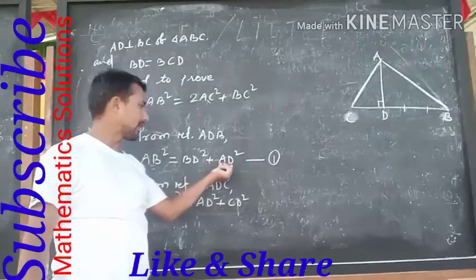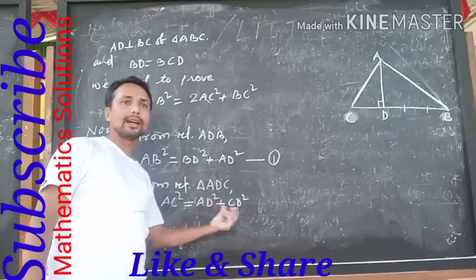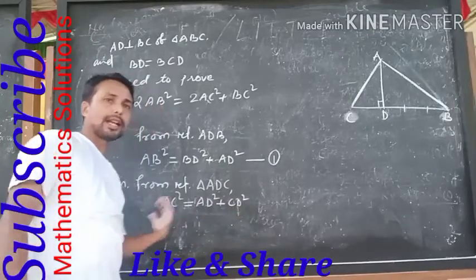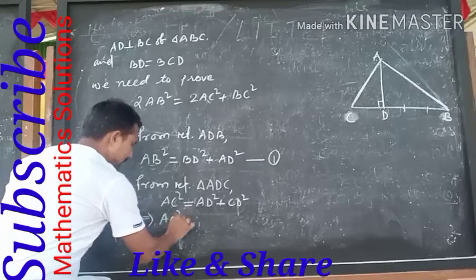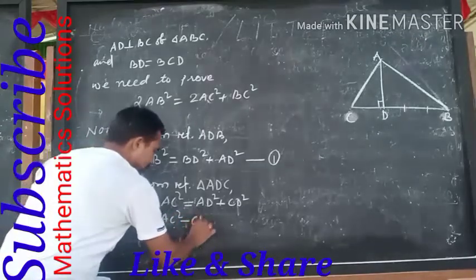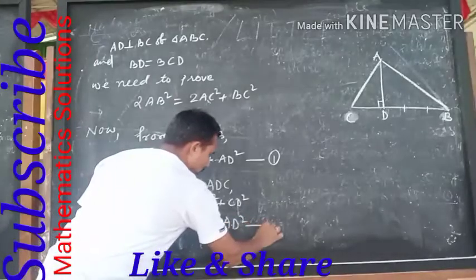Now we need AD square, therefore we keep AD on the right hand side and bring CD to the other side. AC square minus CD square equals AD square, equation 2.